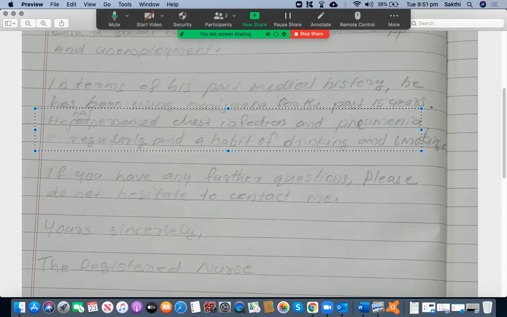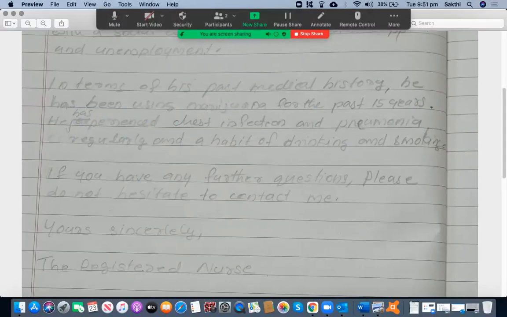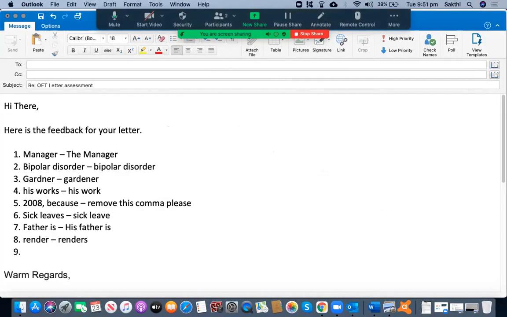That's wrong because he has experienced is different. This goes with the past participle verb. If you write a past participle verb here, then it's okay. But that's not the case. It's not a past participle verb. So under habit of drinking and smoking, what you should have done is under habit.